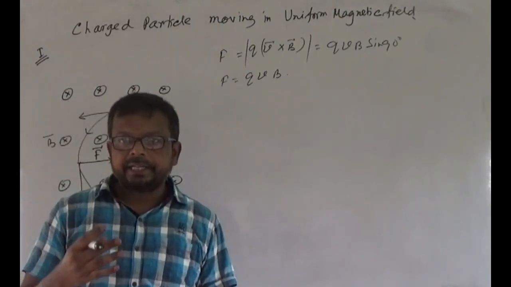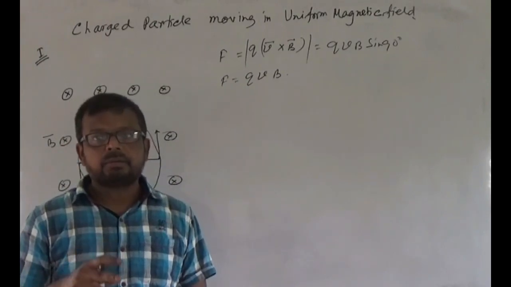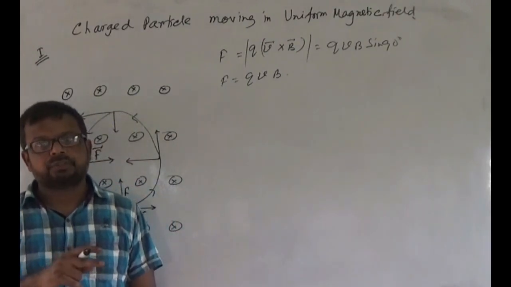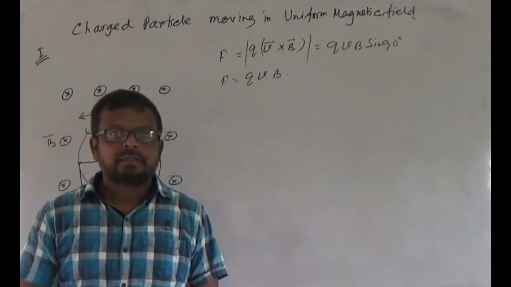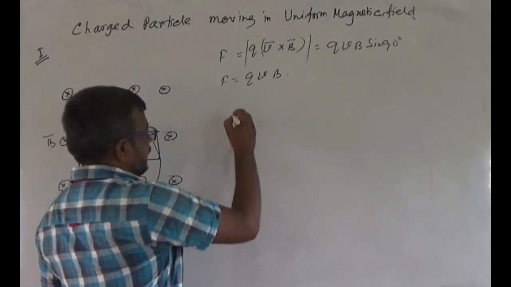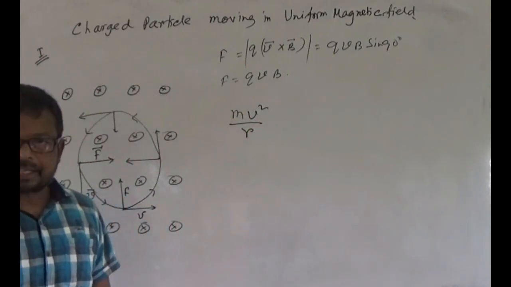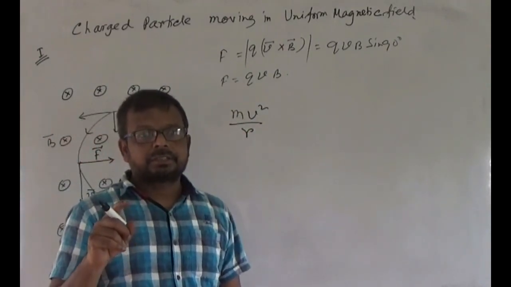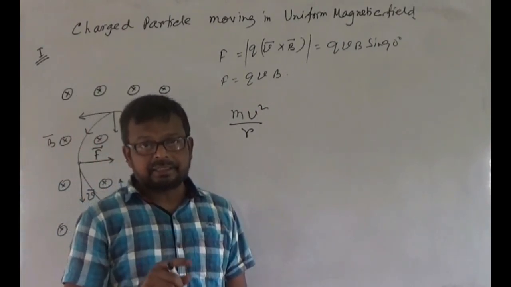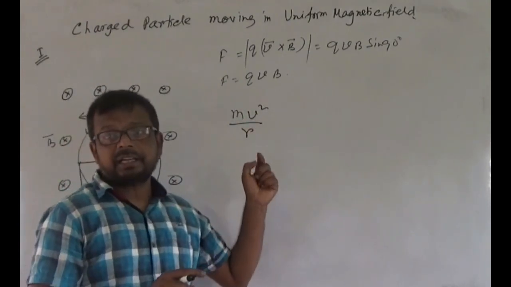If a particle of mass m is moving in a circular path of radius r with uniform speed v, then the necessary centripetal force is mv squared by r.